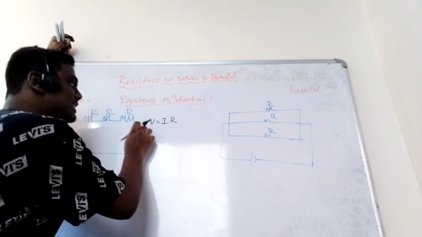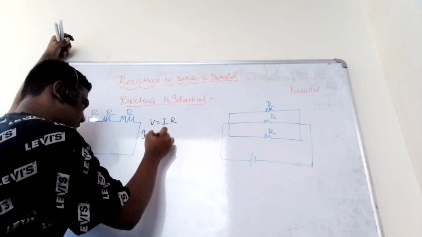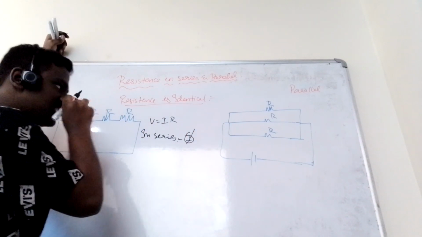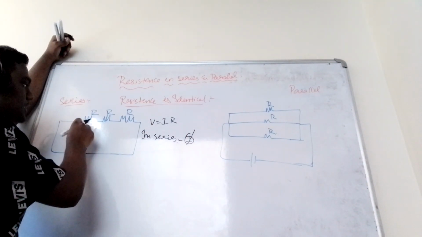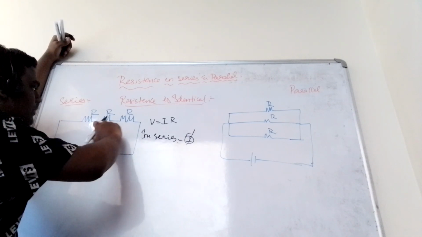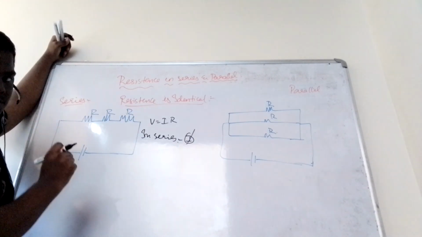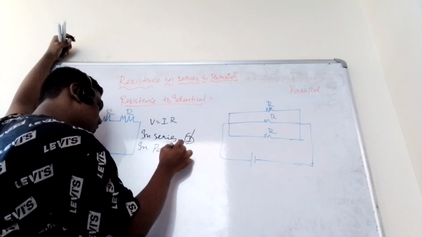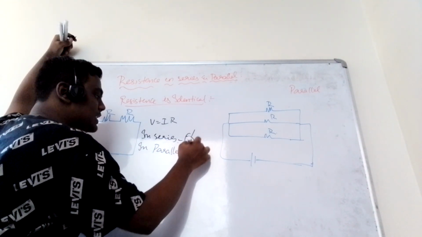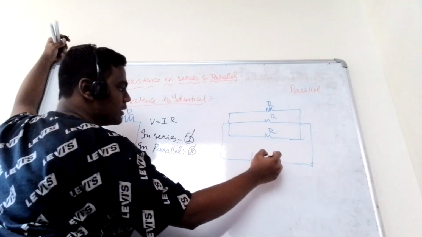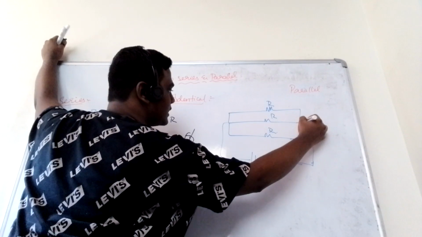In series, I remains constant, meaning whatever amount of current is flowing through the first resistance, the same will flow through all the others. When coming to parallel, voltage remains constant, meaning current flows like this.